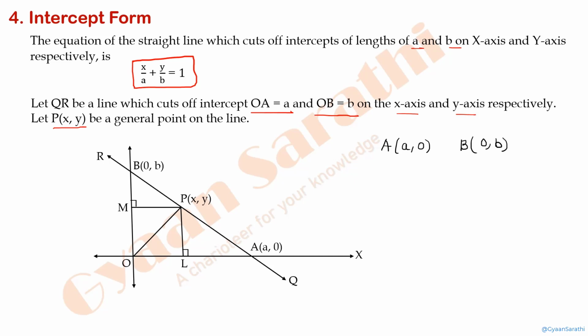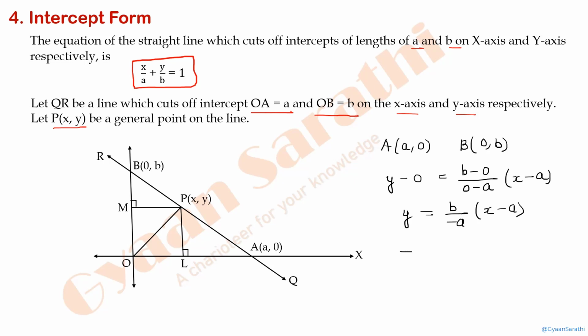So using the 2-point form, I can write the equation of this line as y minus y1 is equal to (y2 minus y1) by (x2 minus x1) into (x minus x1). So y is equal to b upon minus a into (x minus a).